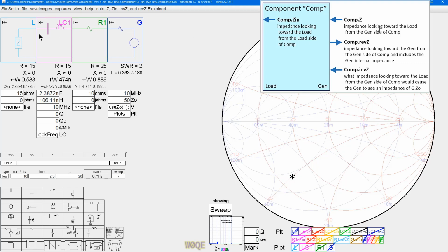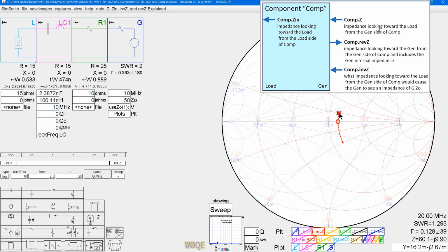revZ. For L.revZ, let's see what that looks like. Now, that shows the value. So at 10 megahertz, it's 60 ohms. This point right here, looking this direction, from the right side of the component towards the generator, we see 50 plus 10 plus nothing at 10 megahertz.